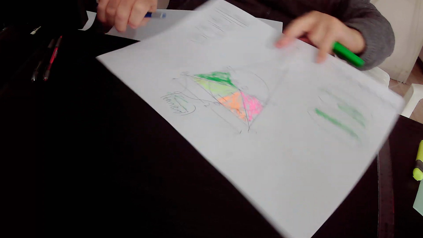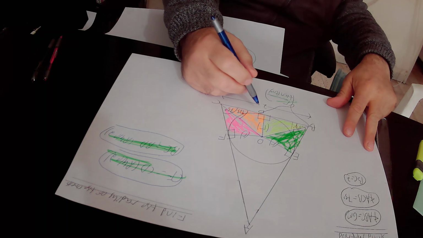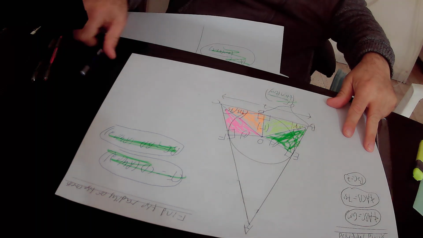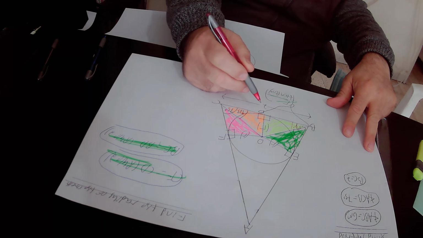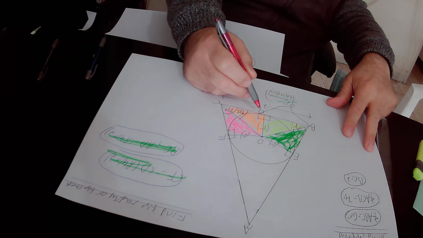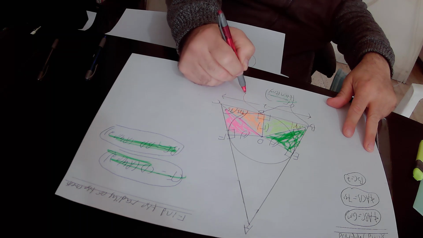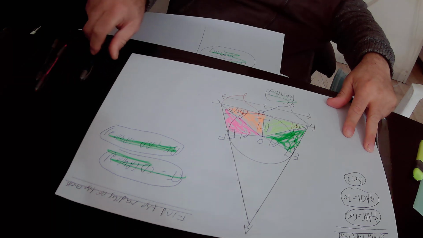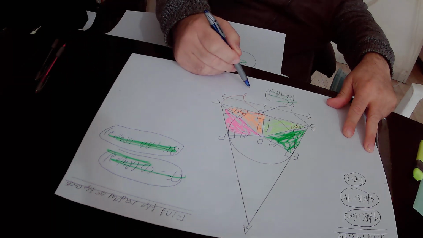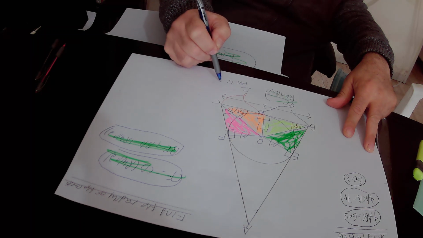So I write it down in this drawing that this line segment DC equals R over tangent 37.5 degrees.